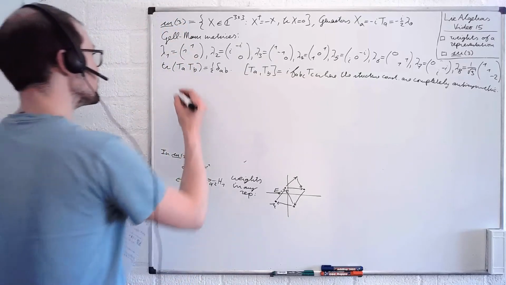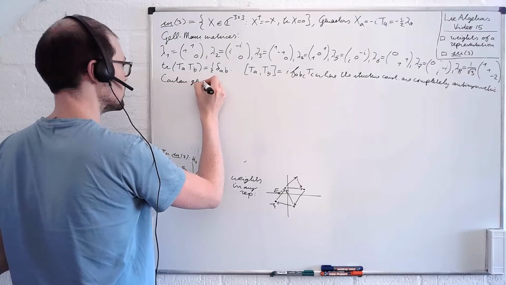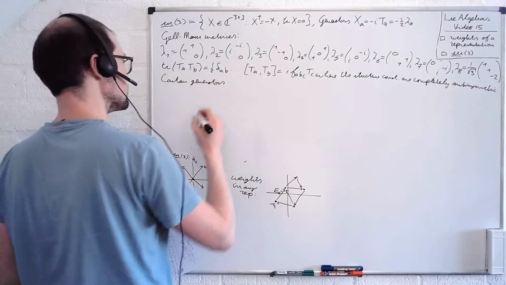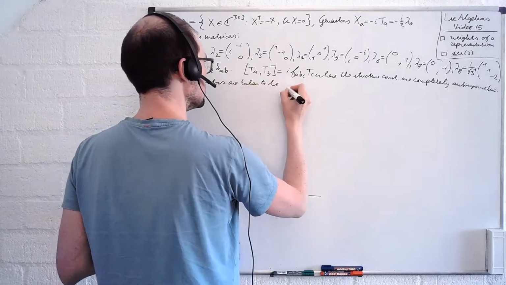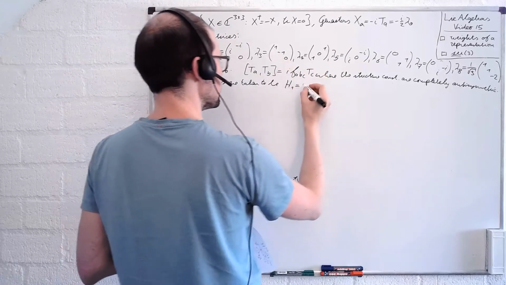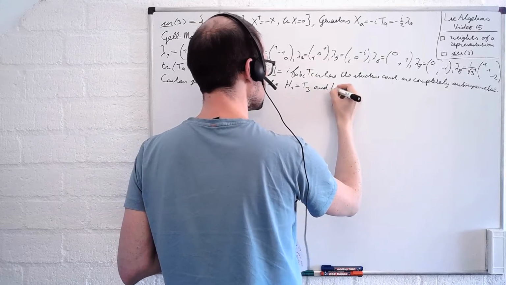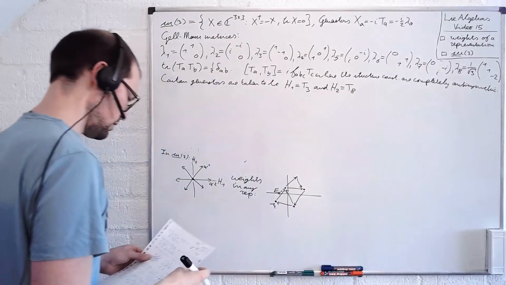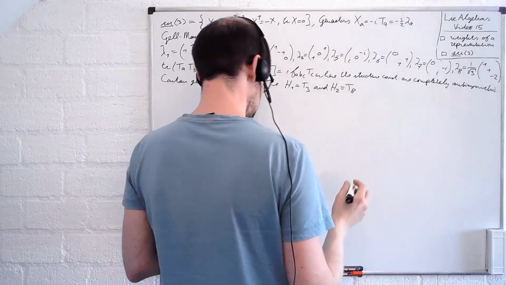By convention, the Cartan generators, there have to be 2 of them because it's a rank 2 Lie algebra, are taken to be H1 is lambda 3, so T3, and H2 is the last one, T8.